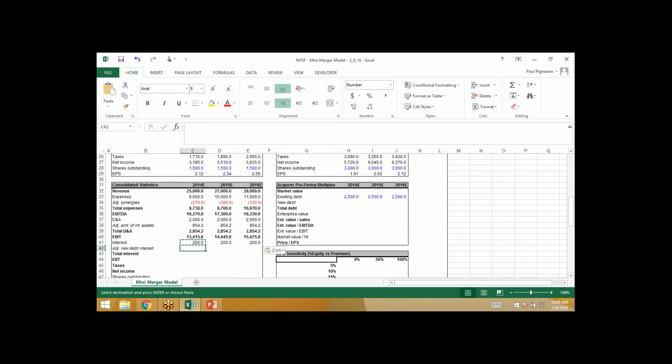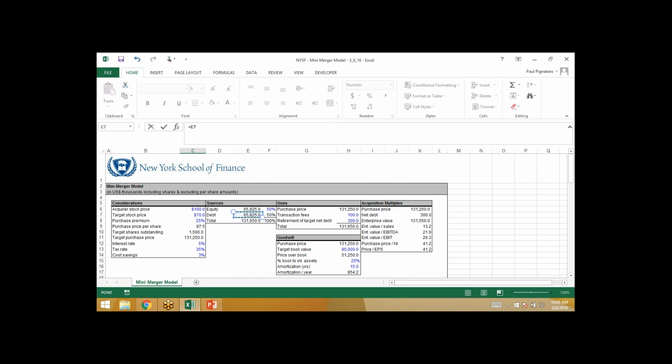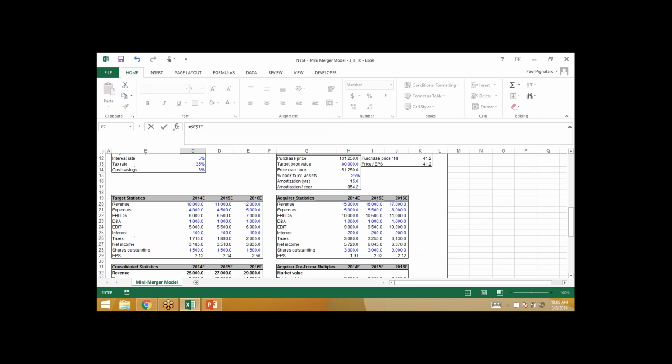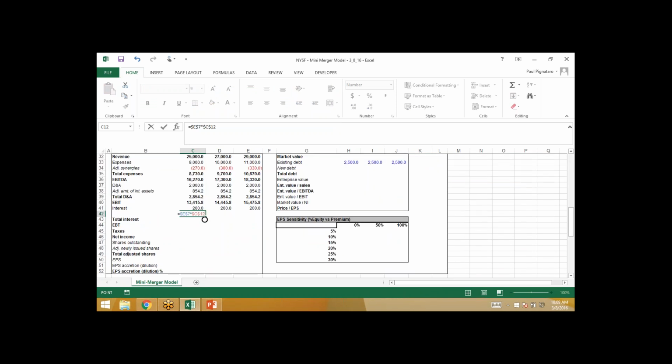How do we calculate that? It's the new debt from the sources. We'll anchor that so we can copy to the right times the rate, and the rate is 5%. Okay? It's a lot. Big impact to the EPS.